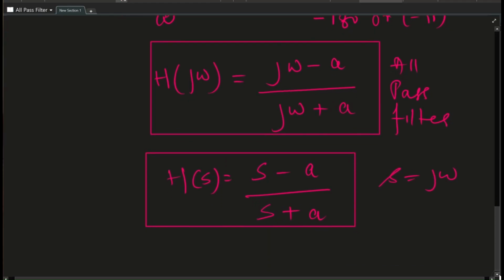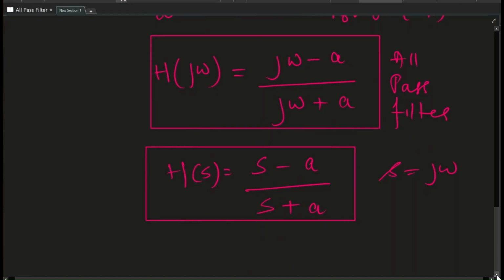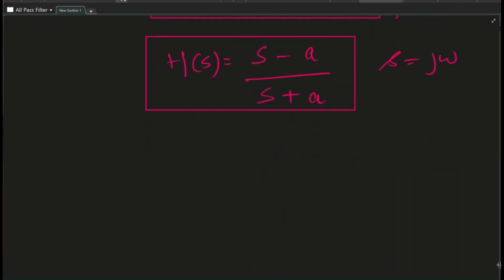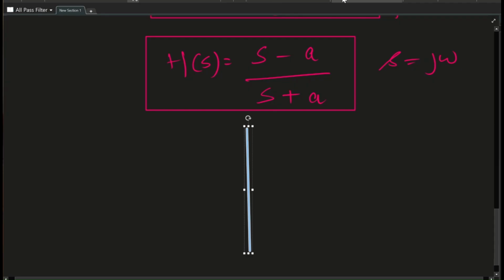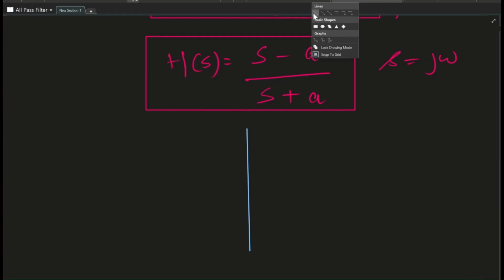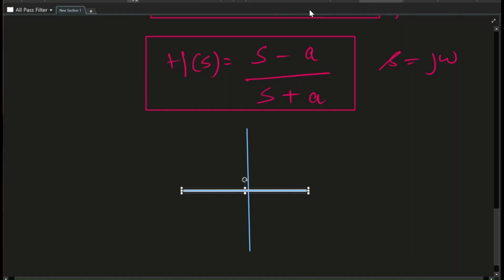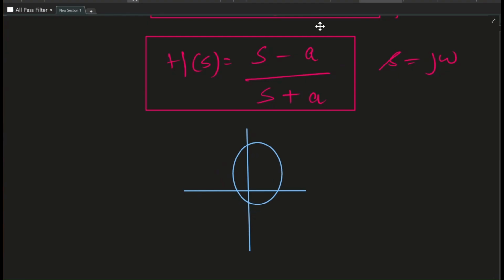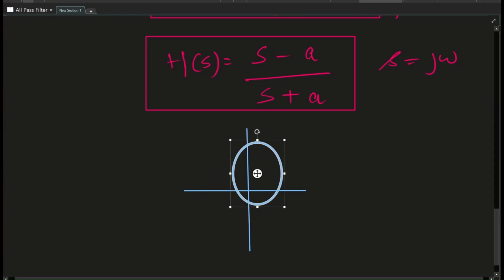What does this mean? If we have to visualize it, then we know that in the s domain, we can plot poles and zeros. So essentially, this is my unit circle.